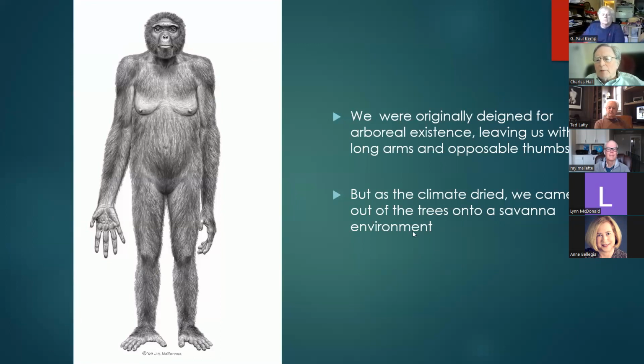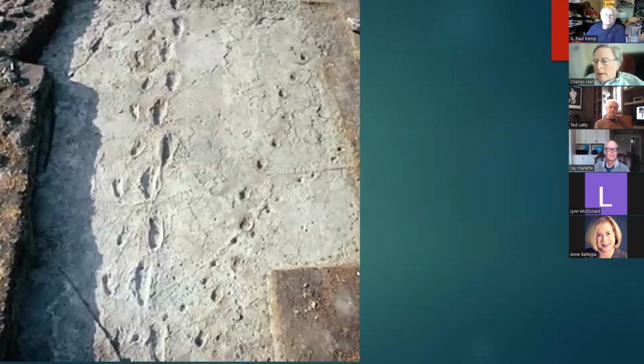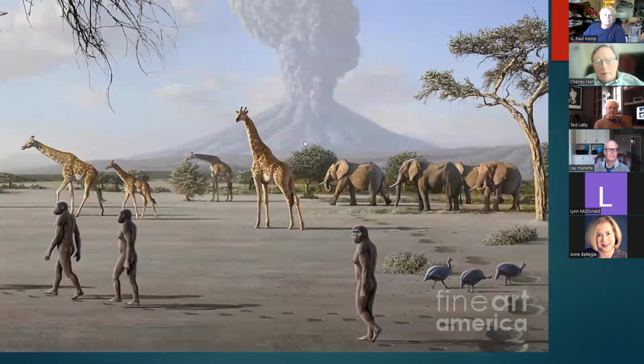But the climate dried, we came out of the trees onto a savanna environment, and we left footprints. These are early human footprints. I don't remember exactly how many, 400, 500,000 years ago, along with some other critters, that have been uncovered in Africa.